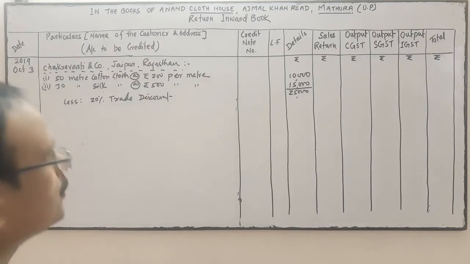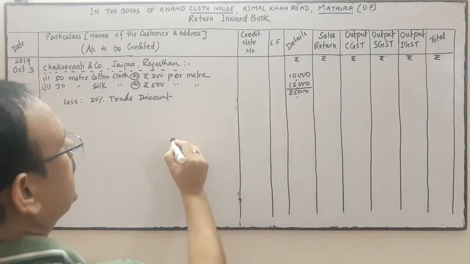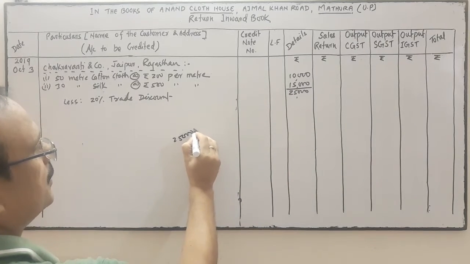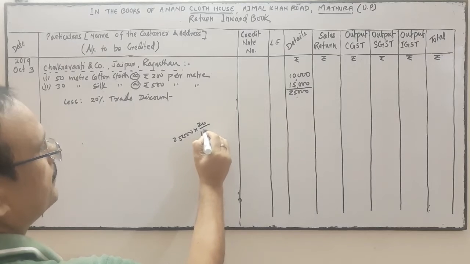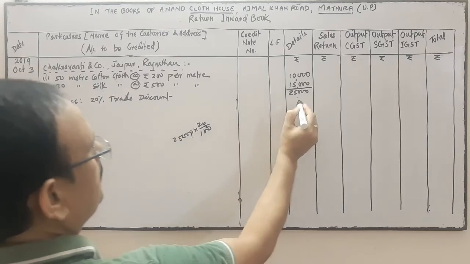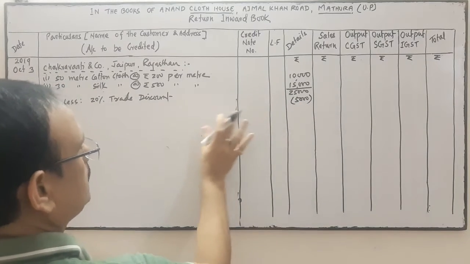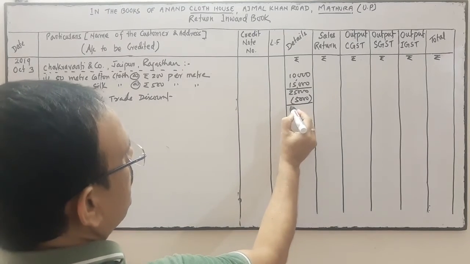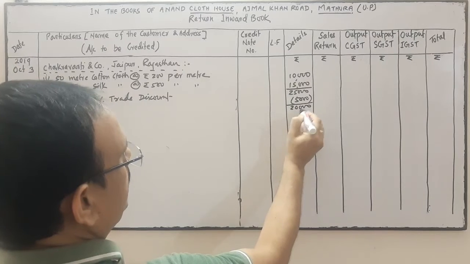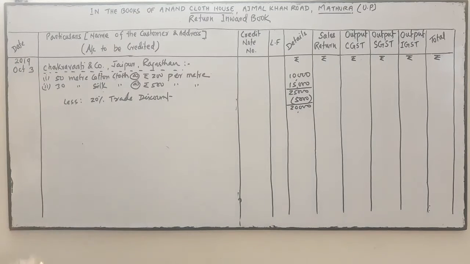So 20% of 25,000 is 5,000. So deduct 5,000. Now it is 20,000 after deduction.